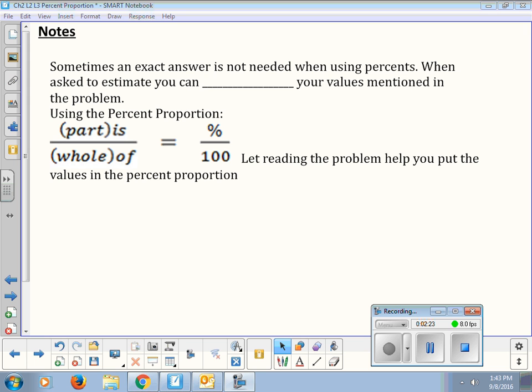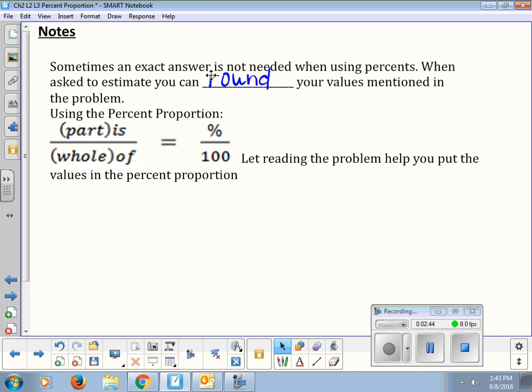When asked to estimate, you can round your values mentioned in the problem. So for estimating, you're going to round your answer so you can make an educated guess.